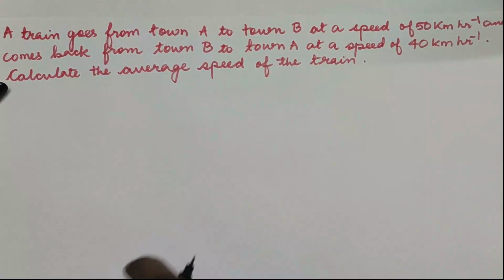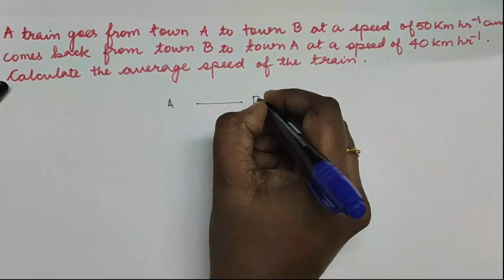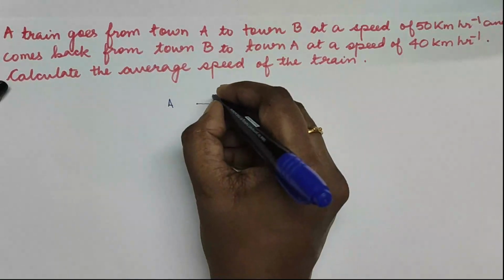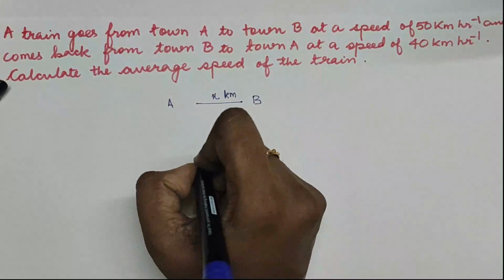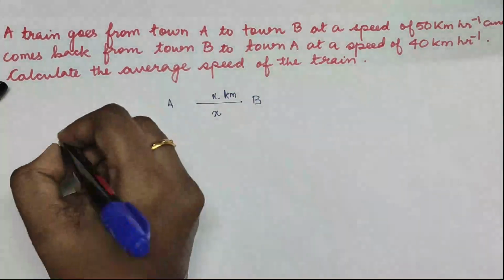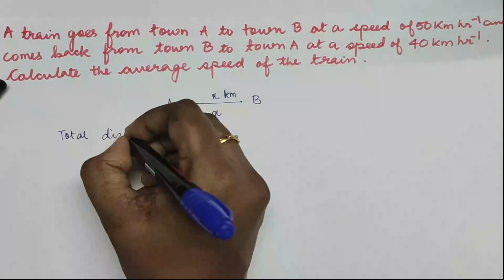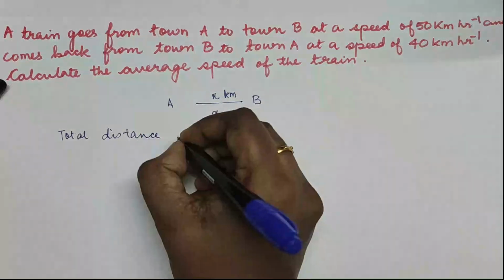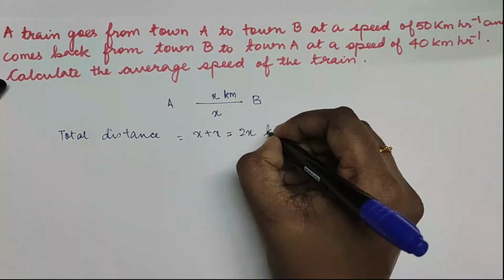First understand that when the train is going from A to B, suppose it is covering X kilometers, it is coming back to the same town, meaning it is covering another X kilometers. So I can say that the total distance traveled here is X plus X, that is 2X kilometers.